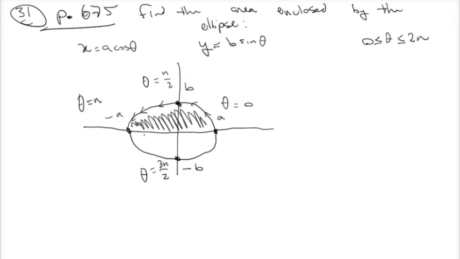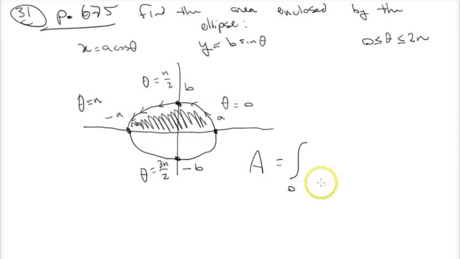So what we have to get out here first is our area formula. Alpha is going to be 0 because 0 comes first in the parametrization. You put a 0 in for theta, and the x's and the y's start moving this way until you get to theta equals pi, and you get over here to negative a.